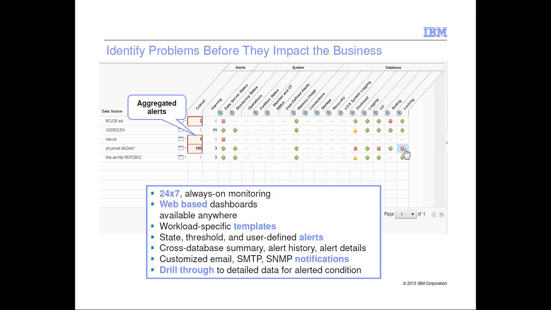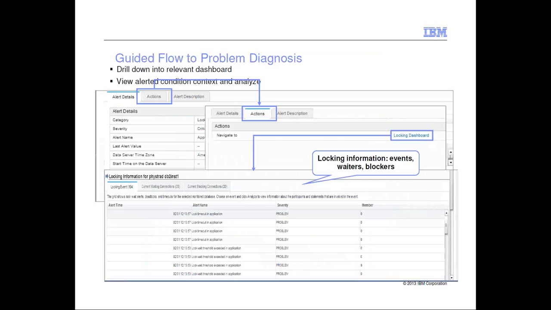Apart from this, once we identify a particular alert for a database in the various sections that are shown here, we can drill down further into identifying what exactly is the alert for and what action needs to be performed for that particular alert. So on the current screen that is being shown, we can see that there are some alert details that are being shown, and there are actions that are recommended.